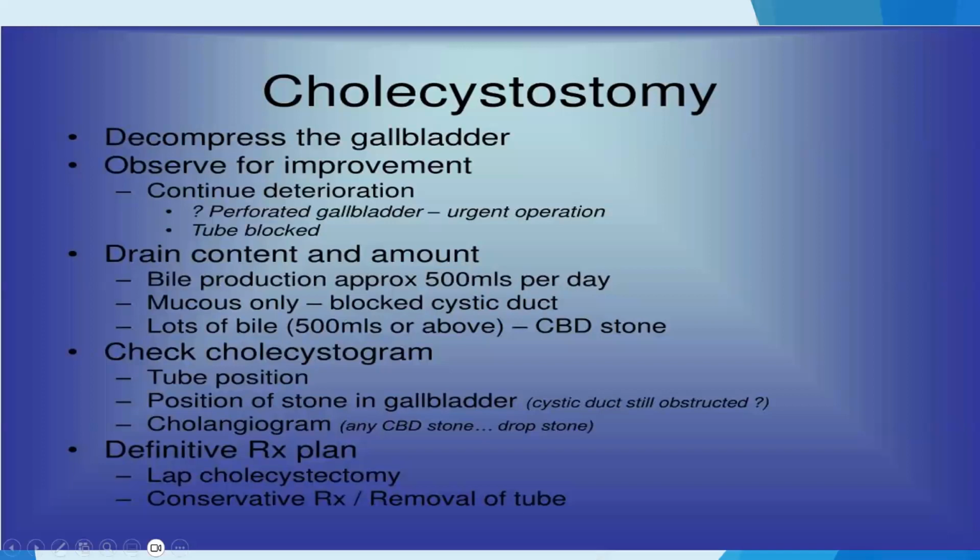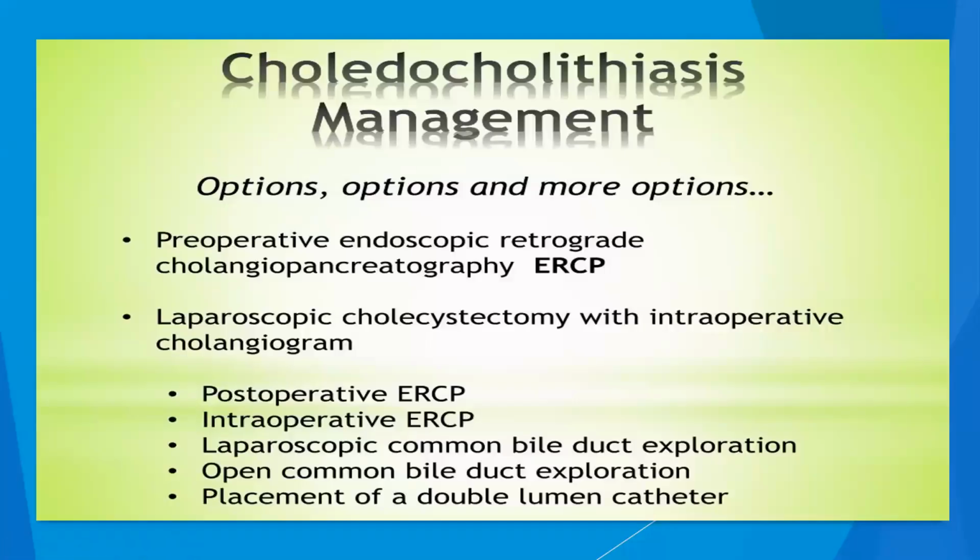As I mentioned, sometimes the stone slips into the common bile duct, that is the cholecystolithiasis, and for that you may opt for ERCP, or on table you perform exploration.